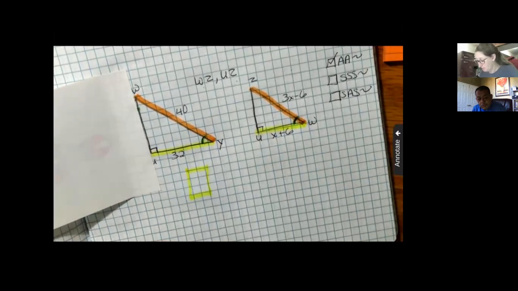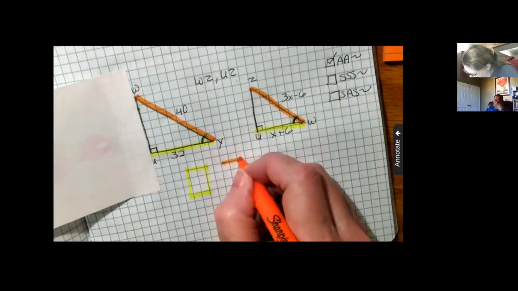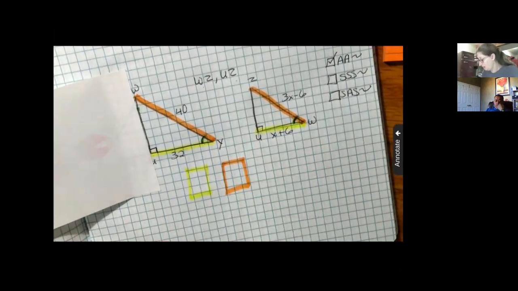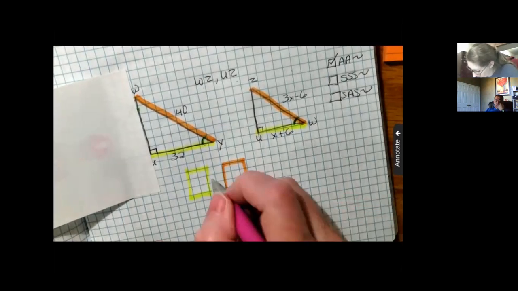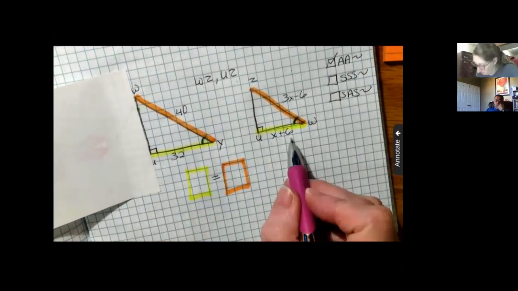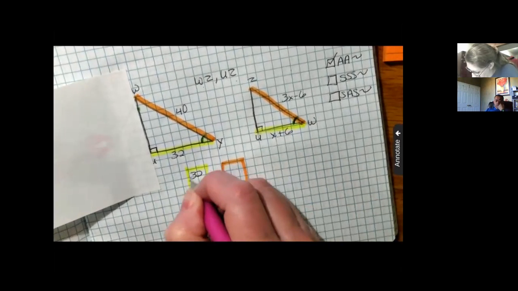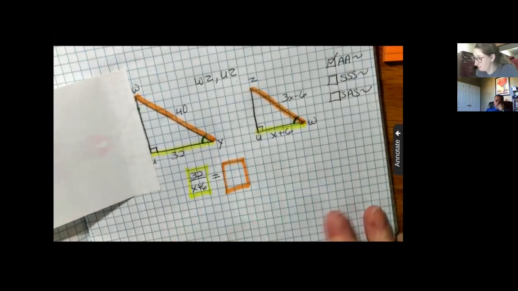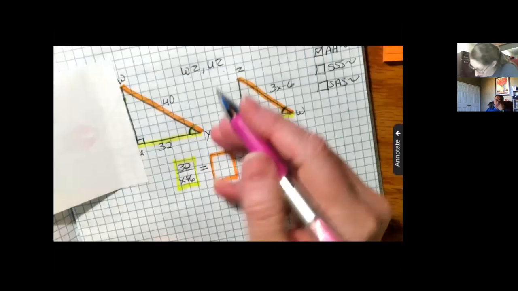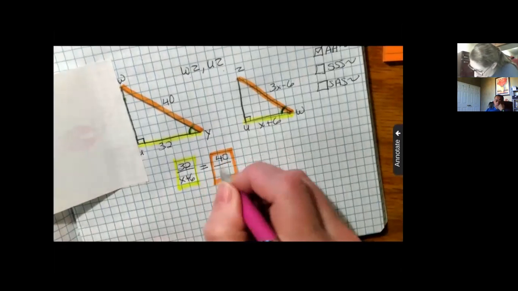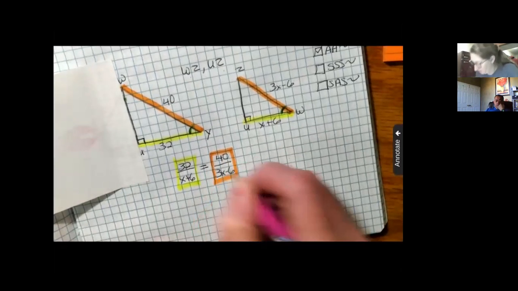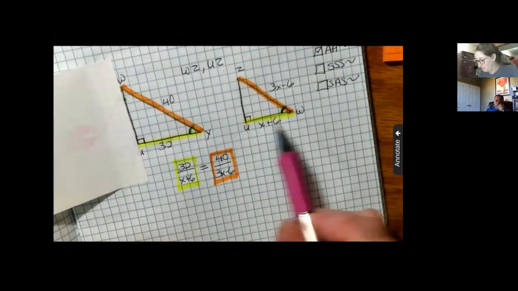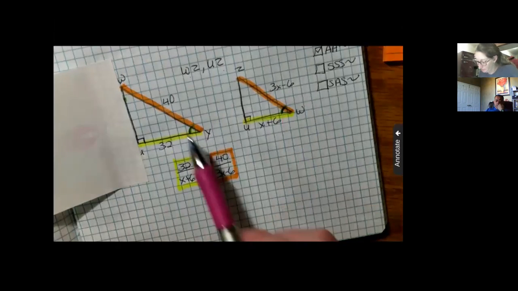And I'll do my proportion statement. So I'm going to go big to small, right to left, 32 over x plus 6. And then I have 40 over 3x minus 6. So I did side to side, big to small.